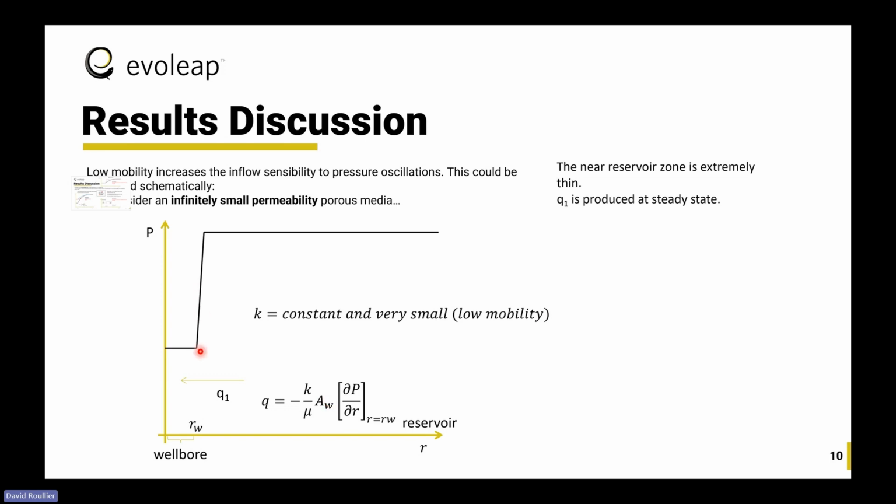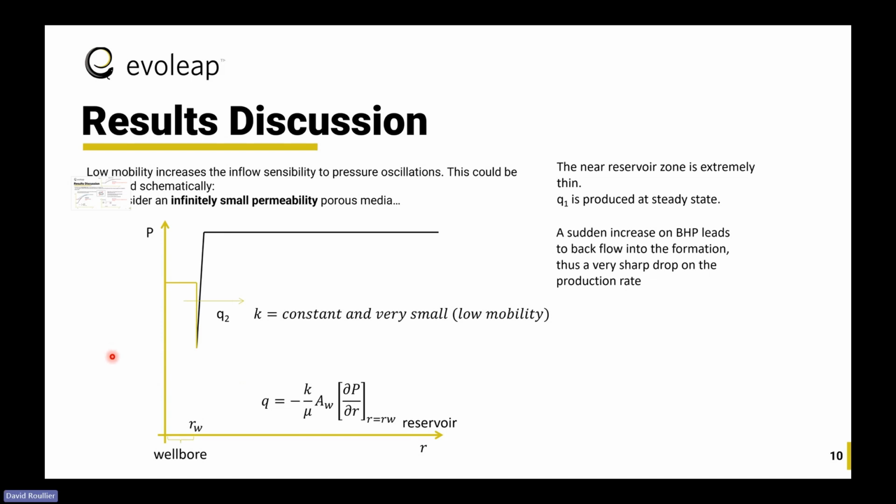So with a very low permeability, you might have a steep reservoir-wellbore radial pressure profile. So at steady state number one, you would have a flow going to the left, right? The slope is coming here, so the flow is going this way.